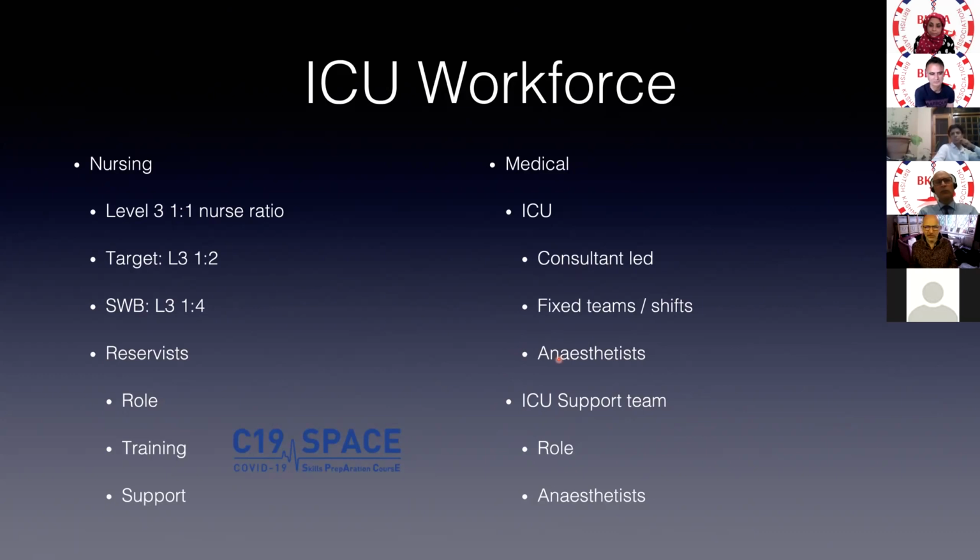The other major thing we did was have an ITU support team, which was predominantly anaesthetists who helped within the unit with roles such as line placement and proning. But also these were the team that supervised patients on the ward to make sure that the referrals we had in were assessed promptly and regularly, so that we were taking people into ITU at the right time.